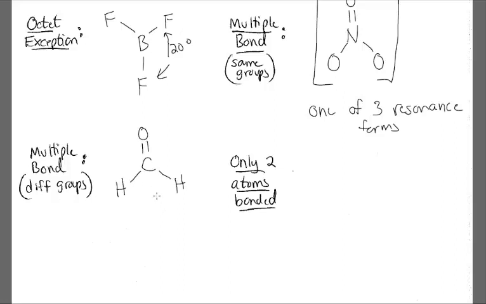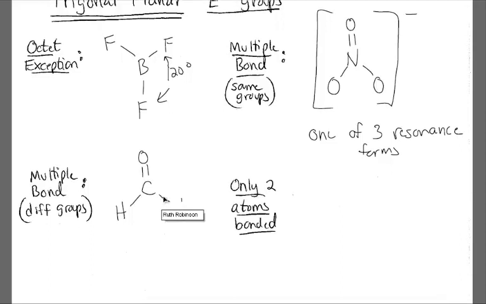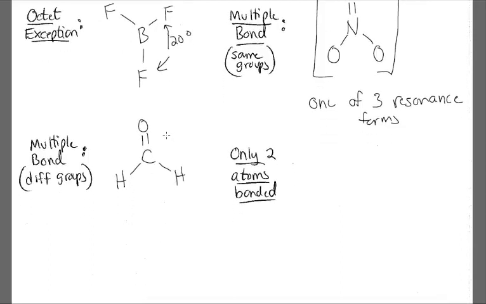And so when they're equal, your bond angles are going to be exactly 120 degrees. But when they're unequal, they will vary a little bit from the 120 degrees.